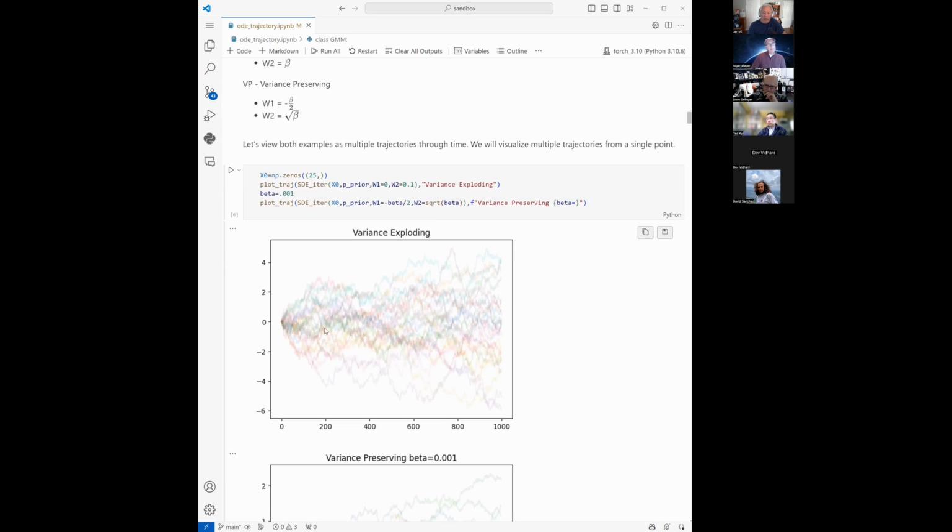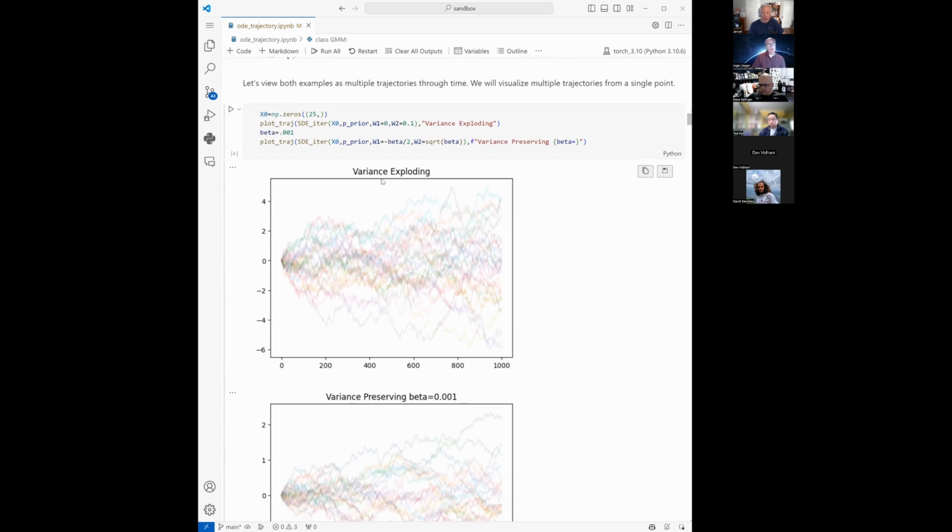So this is the example. Variance exploding is what, again, I thought we were doing when we were noising these things in the forward pass. But what you can see is that these all start from the point 0, and this just grows and grows and grows. Look at the scale on the left. If we kept on going, it would just grow infinitely wide.